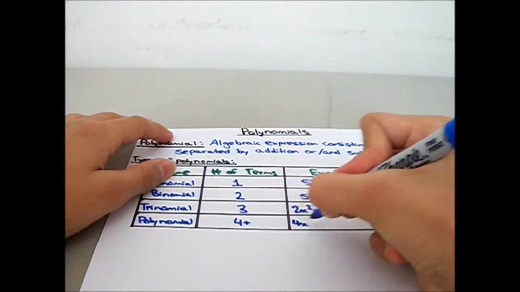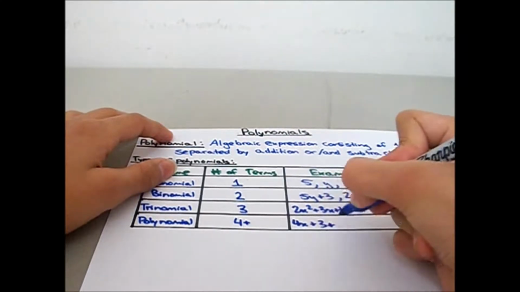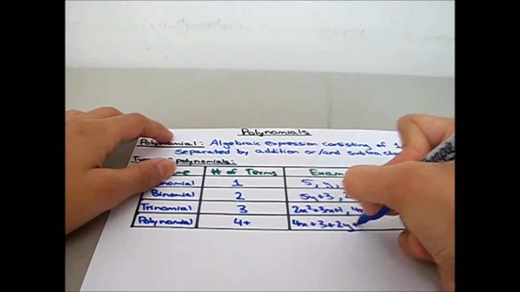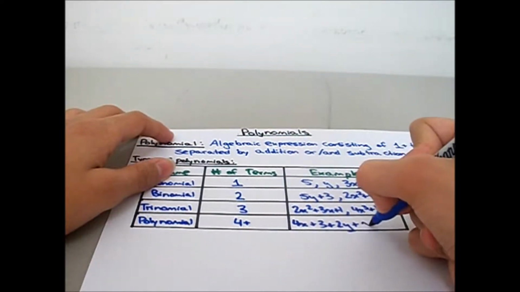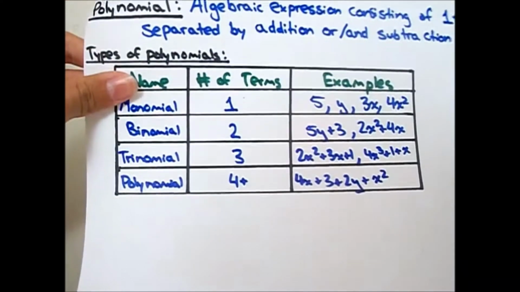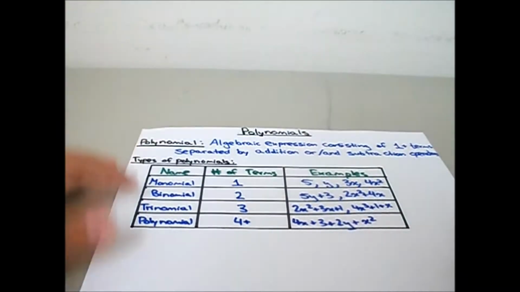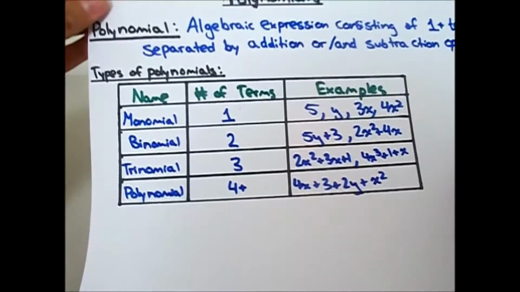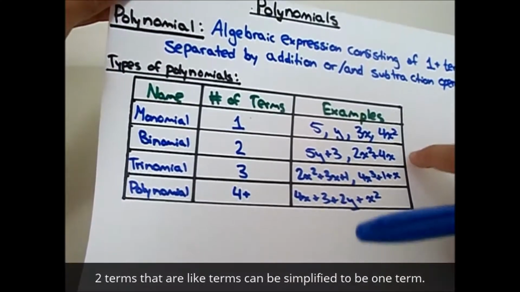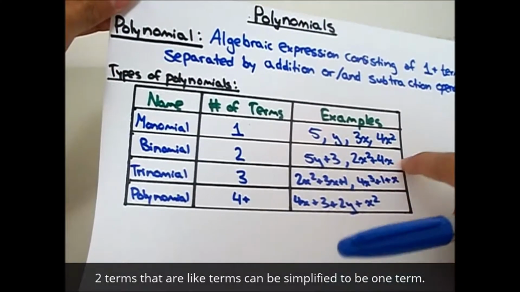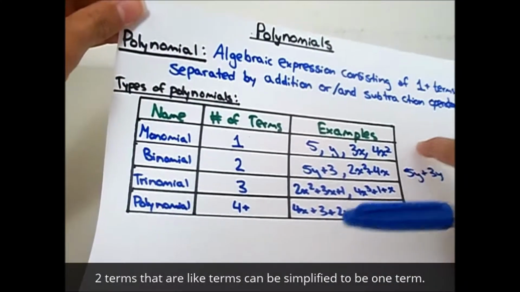Can be 4x plus 3 plus 2y plus x squared. And I just want to point out that you can call something like 5y plus 3y a binomial, since it can be simplified to become a monomial.